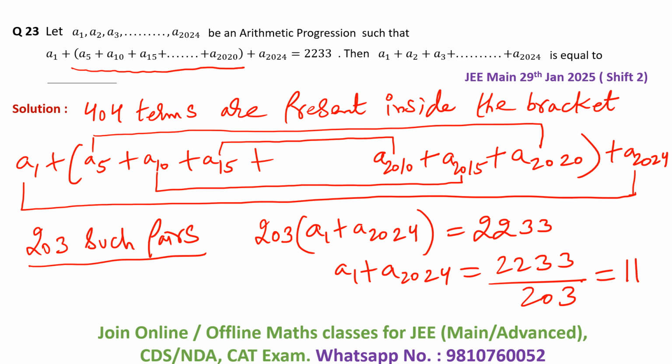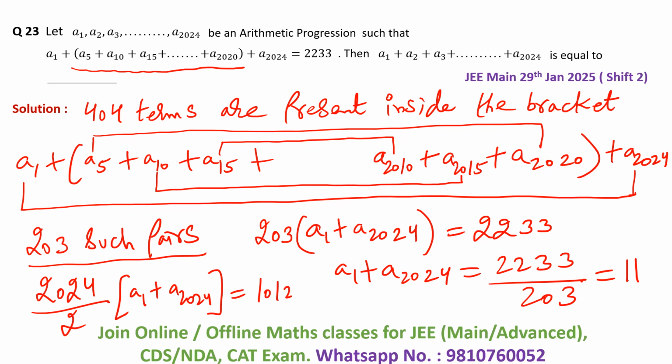Fine. Now students, we will find the sum of the first 2024 terms and just apply the formula. It becomes 2024 divided by 2 into (A1 plus A2024). And this is nothing but 1012 into 11. So the final answer comes as 11132.